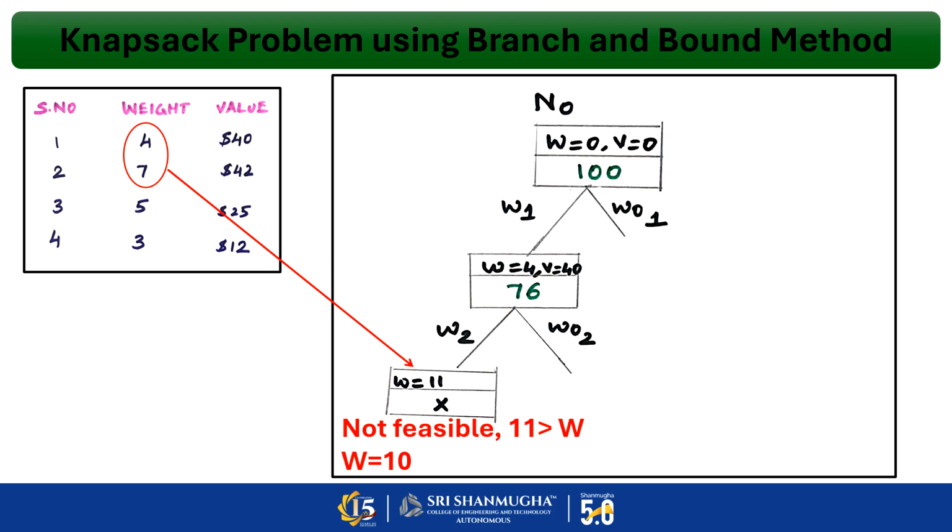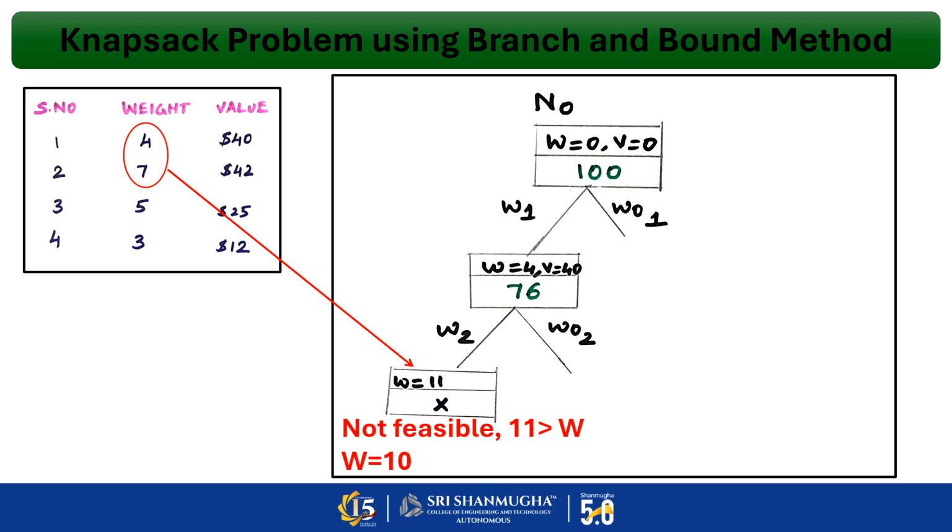But what is the actual capacity of the knapsack? What is the value of capital W? That is nothing but 10. So that means it is not feasible. So we cannot construct further. So we can stop this on the left hand side, that is with weight. Now we have to go for without weight of node 2.